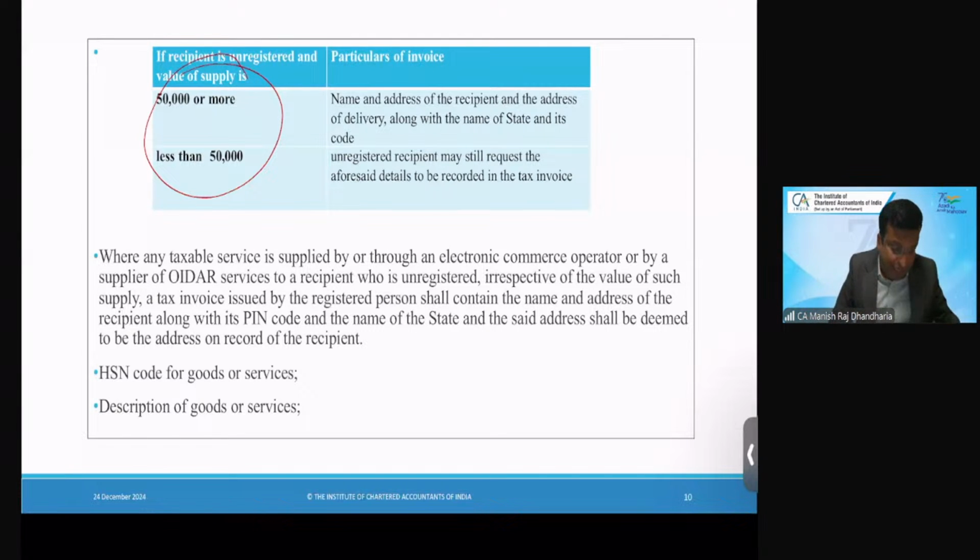But if value is less than 50,000, then no need. तब आप अनरजिस्टर्ड रेसिपिएंट में स्टिल आप मेंशन करना चाहो तो कर सकते हो, but it is not compulsory if value is less than 50,000. So this is also important from examination point of view. Otherwise, not necessary. You can still mention, but not required. Okay.